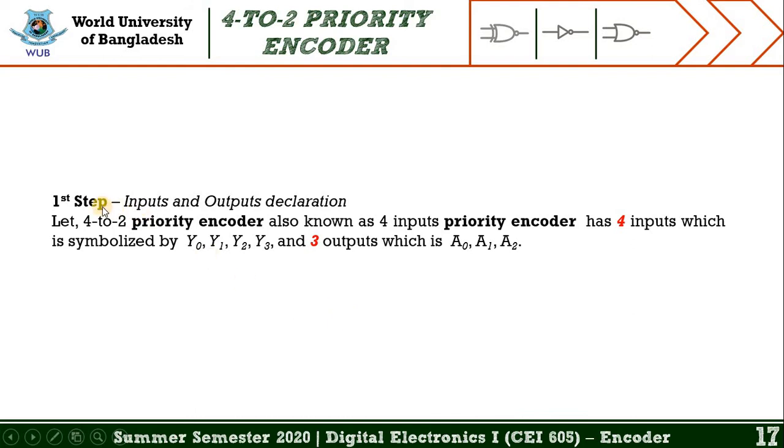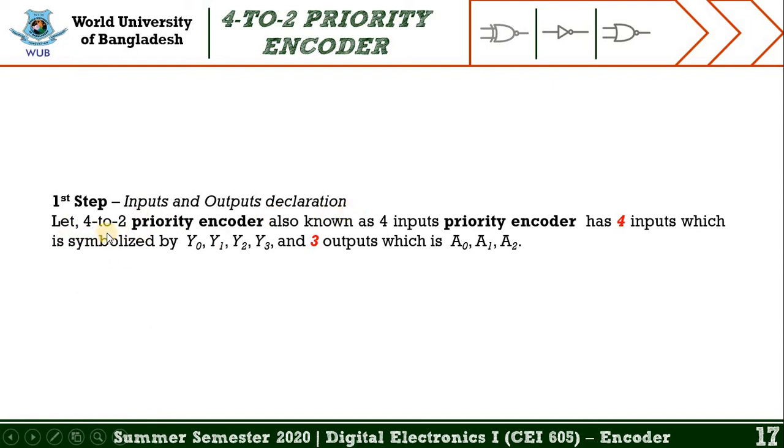Now come to the design of 4 to 2 priority encoder. So let's start with the first step. We have already known from the 4 to 2 encoder, so we don't need to worry about this matter. First step should be inputs and outputs declaration.